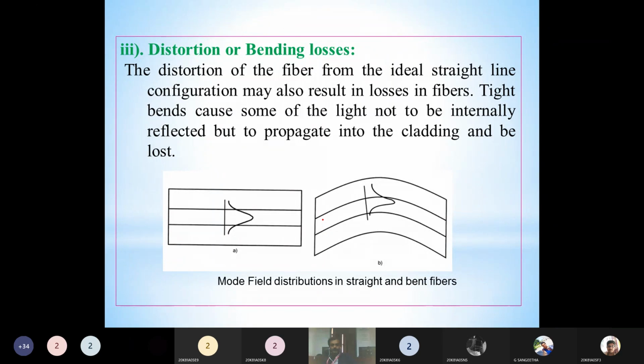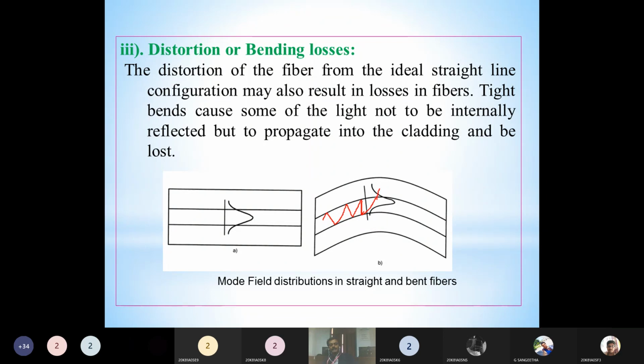Here total internal reflection takes place like this. Light is traveling, but here the angle will change. This angle is less than the critical angle, which means there is some loss.